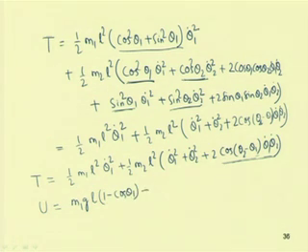Similarly, for the second mass, we can write the potential energy as m2 into g into change in its position. So, initially it was in vertical position, so initially it was at this position. Now it has come to some other position.